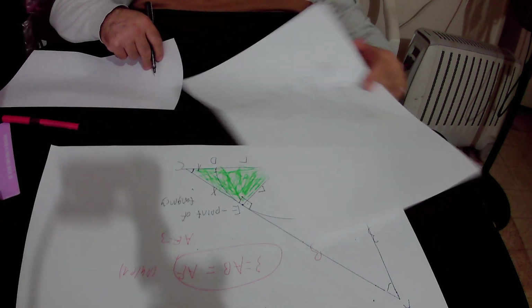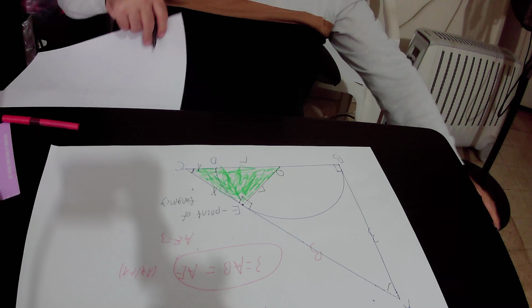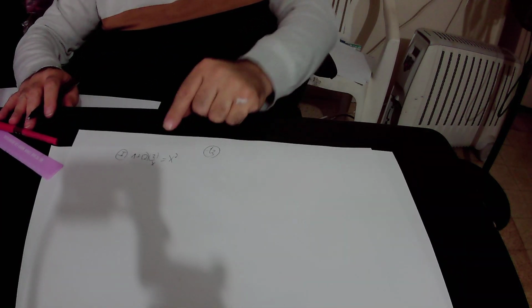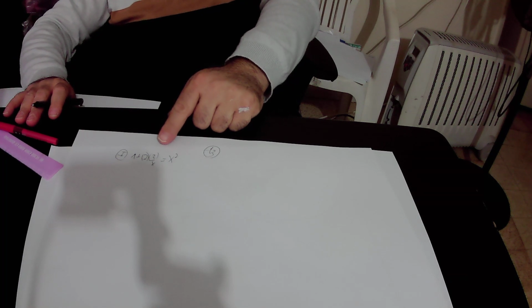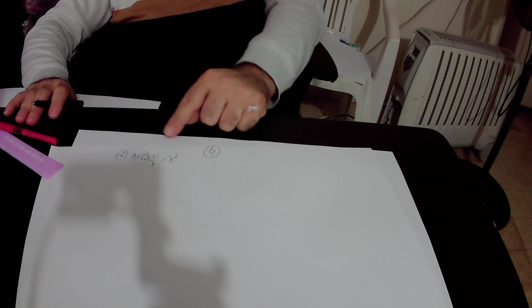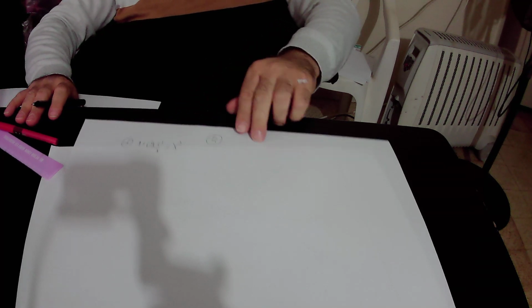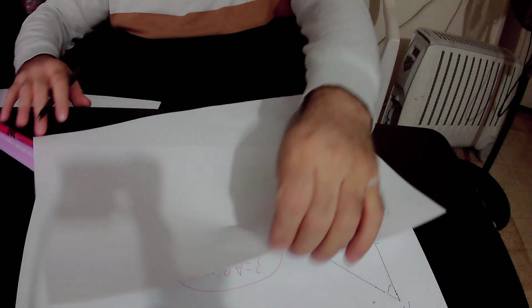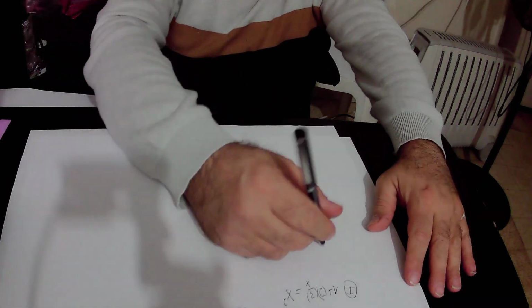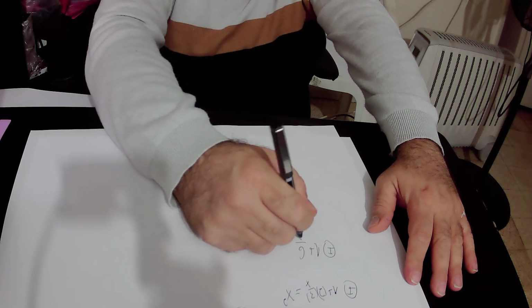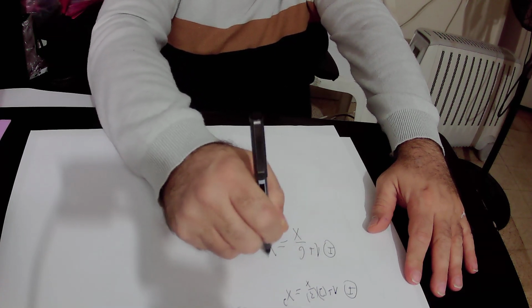So in total we got that 1 plus 2 times 3 over X equals X squared. 2 times 3 is 6, so we write it down. We get that 1 plus 6 over X equals X squared.